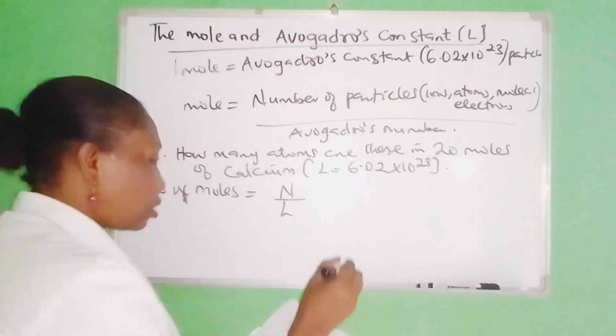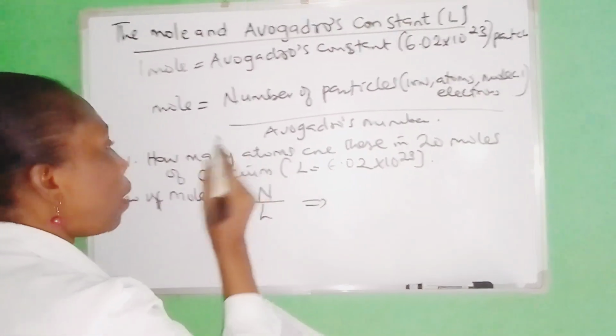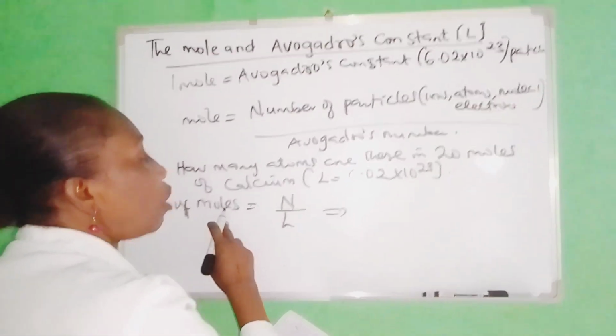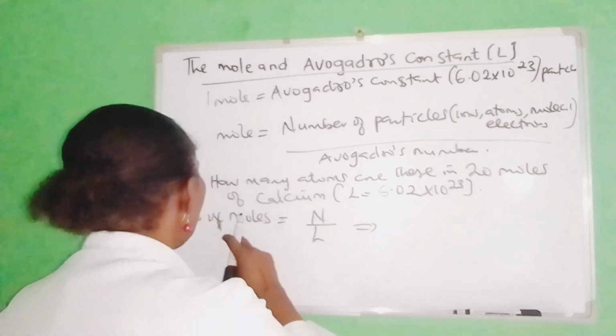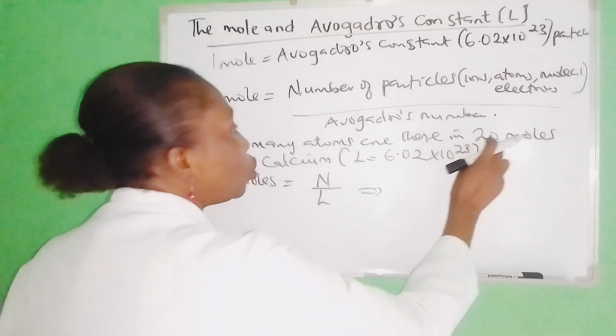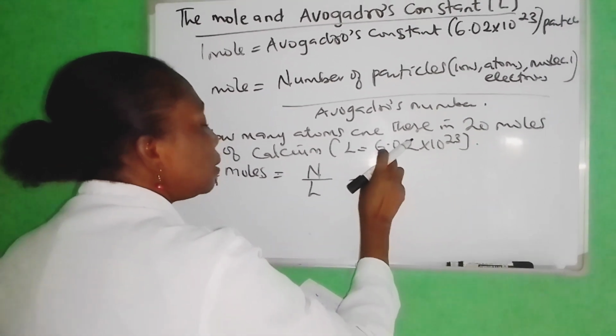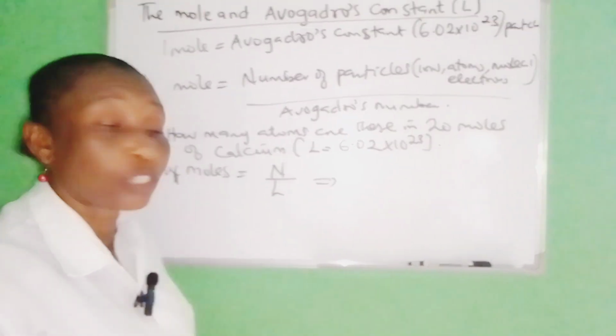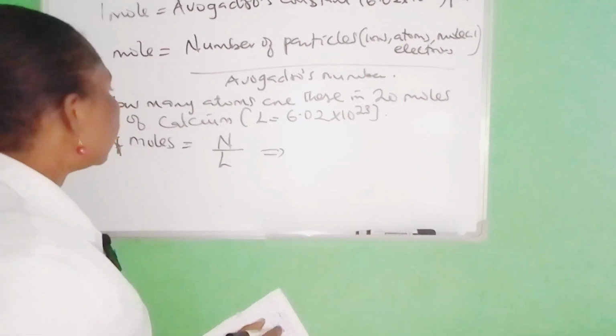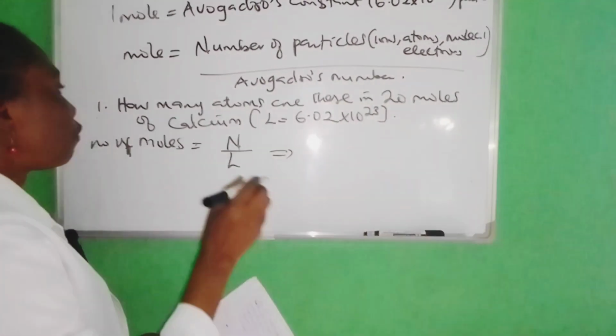And that tells us that for this problem, the number of moles is 20, and Avogadro's number is 6.02 times 10 to the power 23. So we make N the subject of the formula.